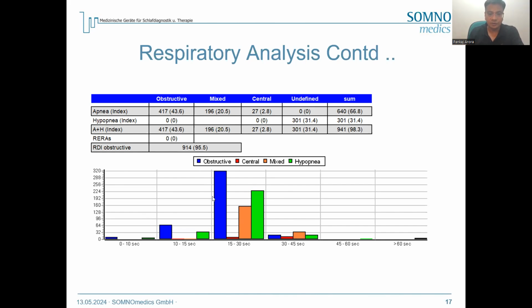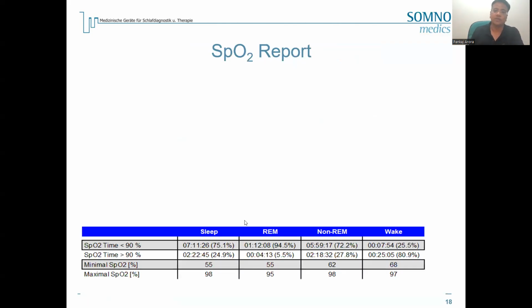For example, if you look at this bar, most of his obstructive sleep apneas are happening between 15 to 30 seconds. You will come to know this obstructive sleep apnea or hypopnea was happening between 15 to 30 seconds mostly, and not at 45 to 60 seconds, where it's showing nil. Most of his obstructive sleep apneas, hypopneas and central apneas are happening between 15 to 30 seconds. And then he is getting aroused always.